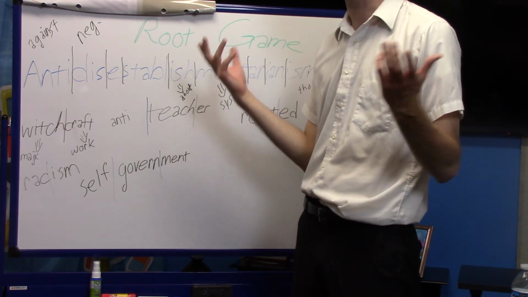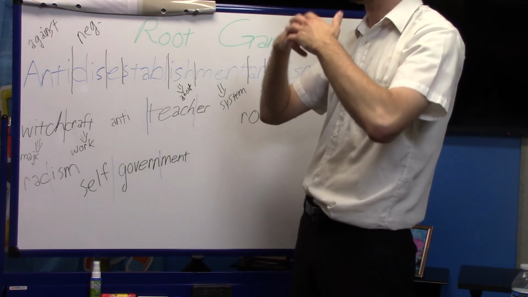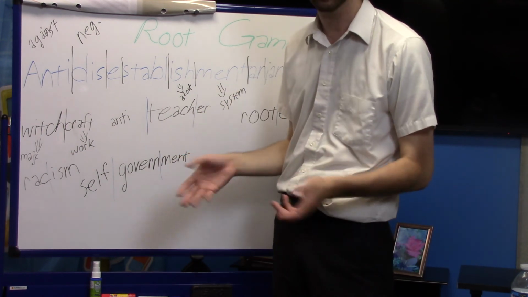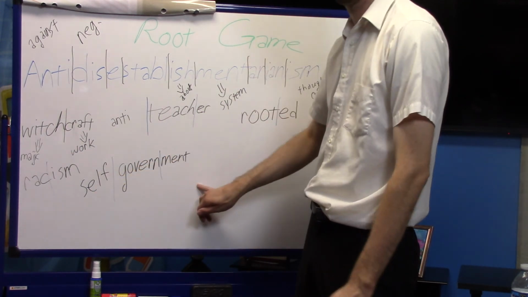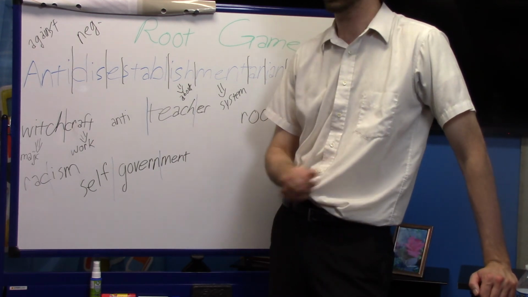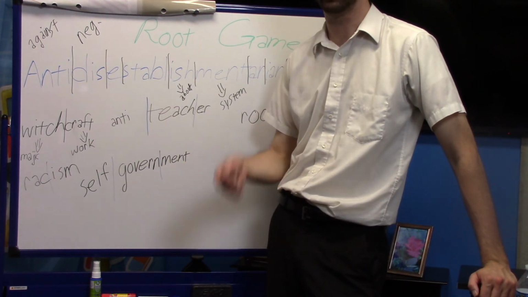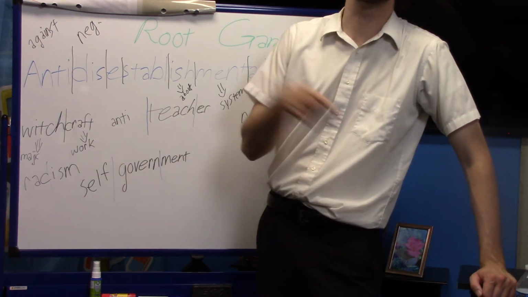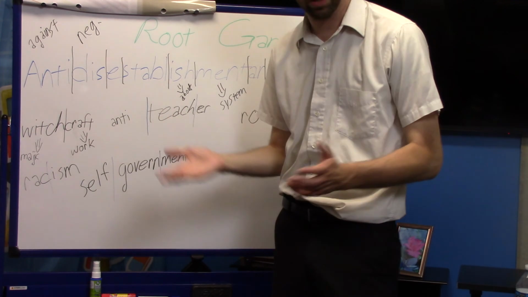If I act like a maniac, or if I'm popping off at the mouth, or if I'm not doing well in my studies, then I'm not self-governing. So if I say, well, I want self-government here, I don't want to be in a class. Well, if you can't govern yourself, you're not governing yourself. So, that's how we play the root game.